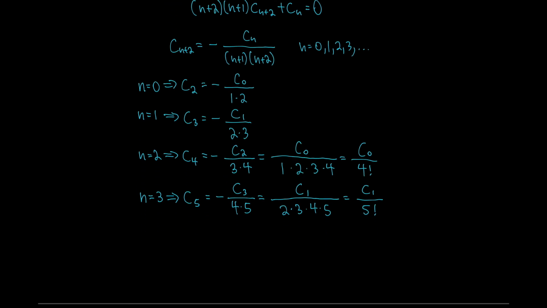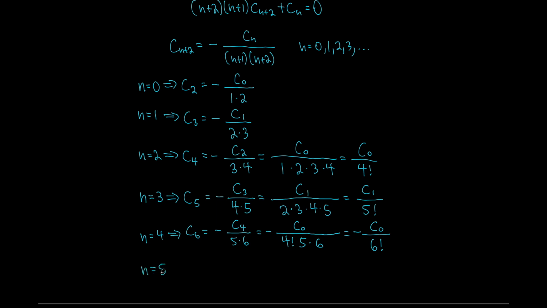So let's do a couple more. We could do n equals 4 and see that that gives us c6 equal to negative c4 over 5 times 6. So that's negative c0 over 4 factorial times 5 times 6, which is negative c0 over 6 factorial.